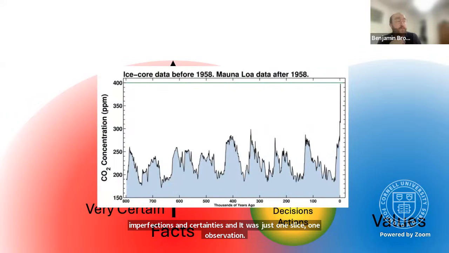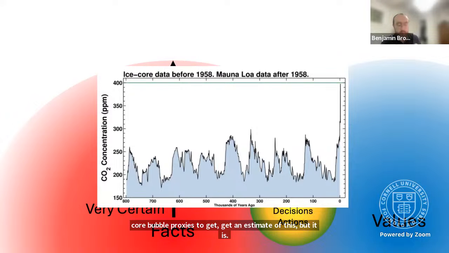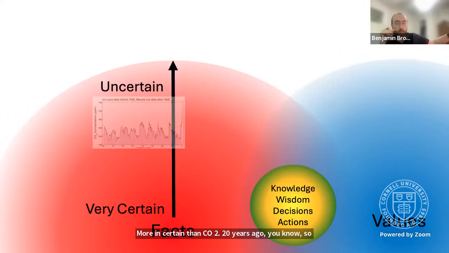How about the CO2 concentration in the atmosphere 800,000 years ago? Here we've been able to use ice core bubble proxies to get an estimate, but it is more uncertain than CO2 20 years ago. So this would be more towards that outer edge of the uncertainty realm.